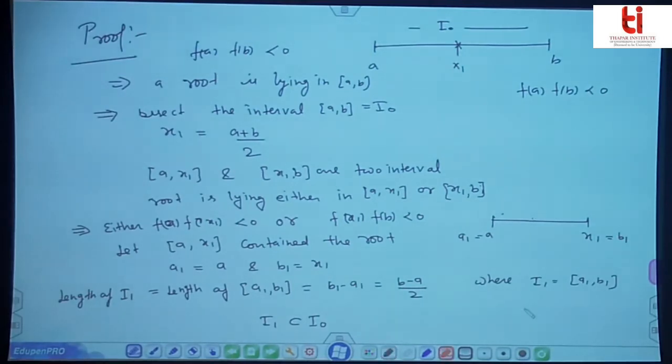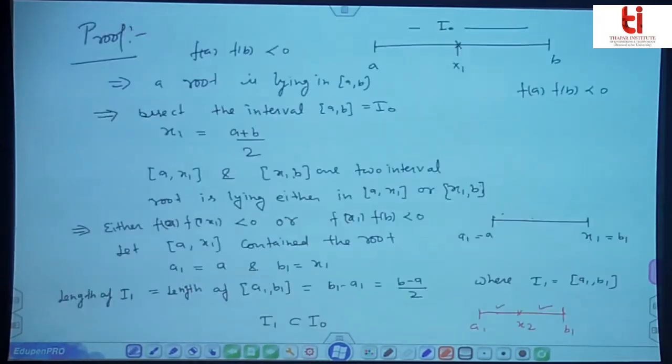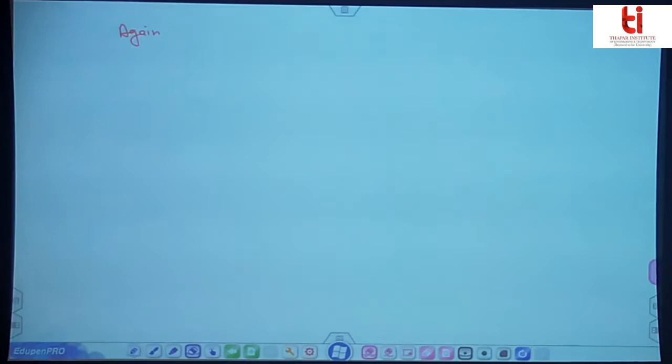Now we will again bisect this interval [a1,b1] into equal subparts. Suppose x2 is the midpoint of [a1,b1].